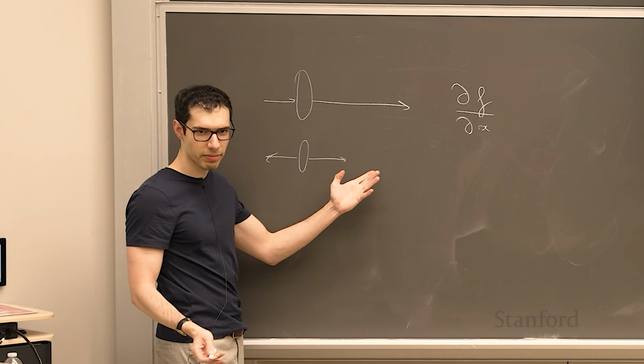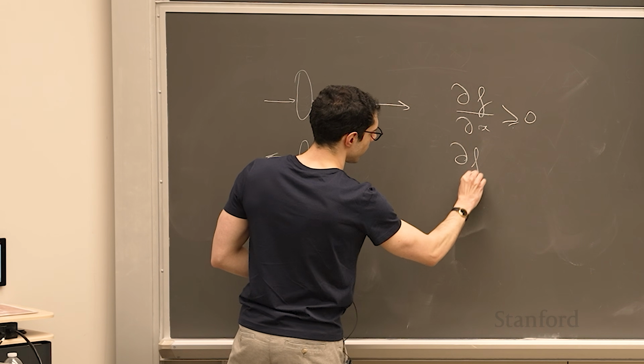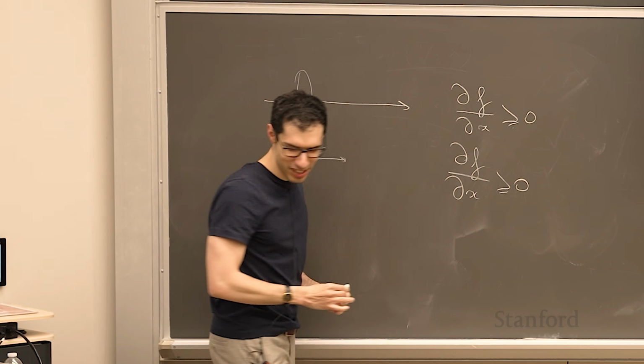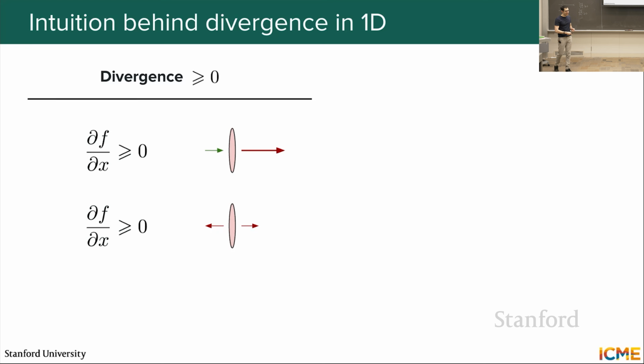Also increasing, right? OK, so based on this very back-of-the-envelope intuition, we see that when things are leaving, the partial derivative of f over this dimension x is positive, which seems to match the sign that we want from our divergence operation.